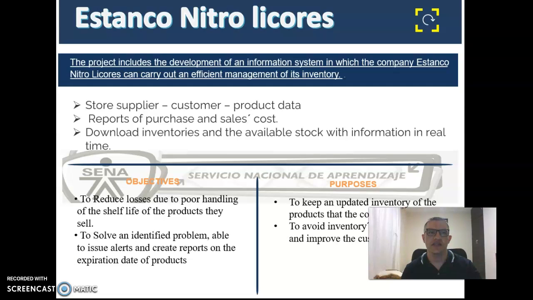Inventory management becomes more efficient, avoiding inconsistencies in the inventory, improving the response time to the client, and improving the profit of the company.